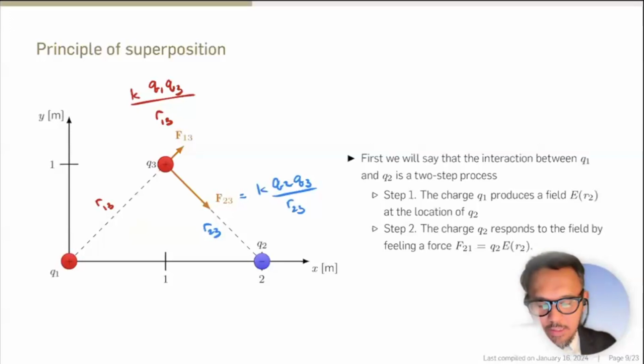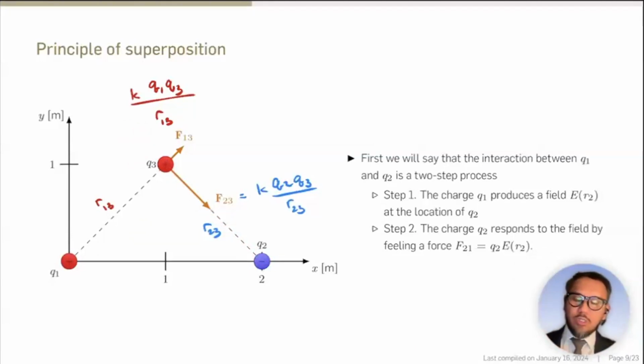Similarly, the force between Q2 and Q3 will be along the direction that connects the centers of Q3 and Q2. But instead of a repulsive force, it will be an attractive force, right? Because it's positive and negative. So instead of pointing this direction, which is not right, it points toward the other charge.